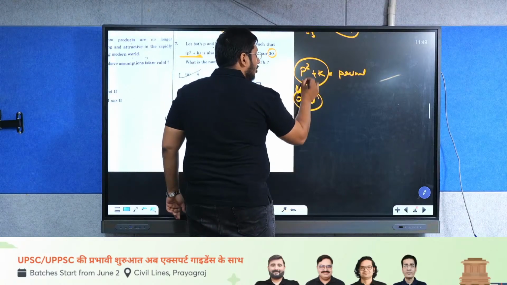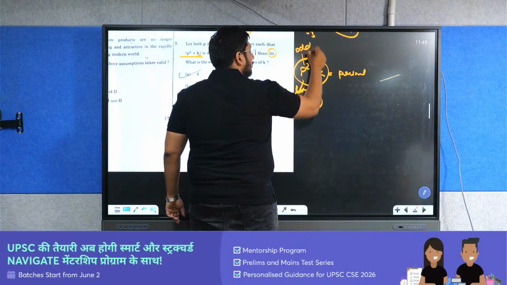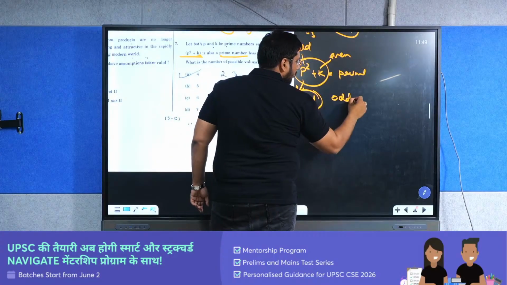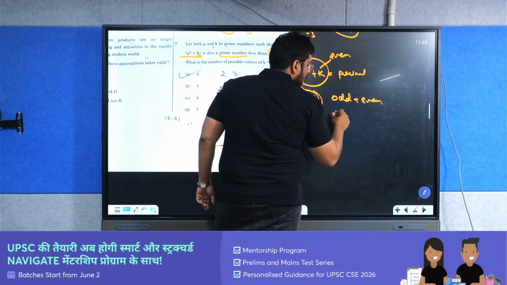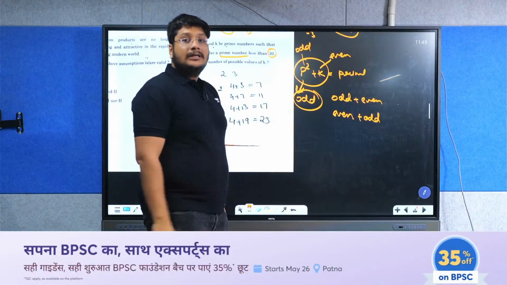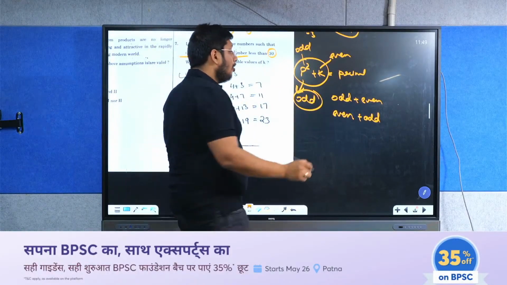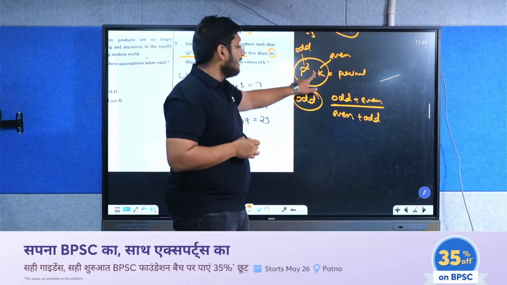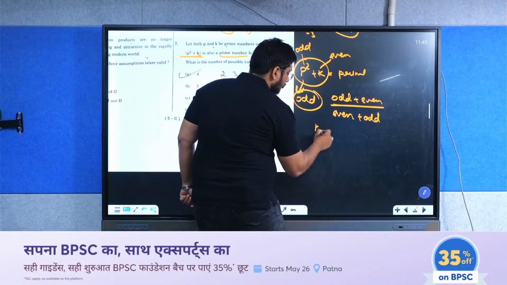For this to be odd, either this has to be odd plus even, or it has to be even plus odd. Then only this can be possible. Odd plus even: if I make this P square odd and K even, that means K has to be 2.